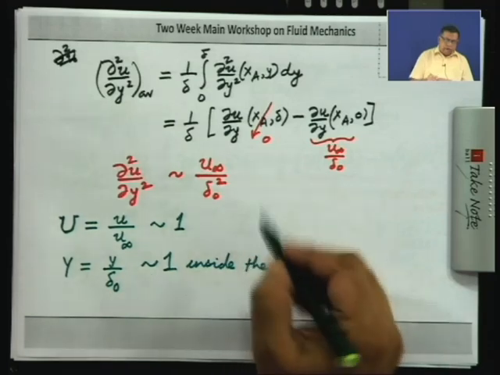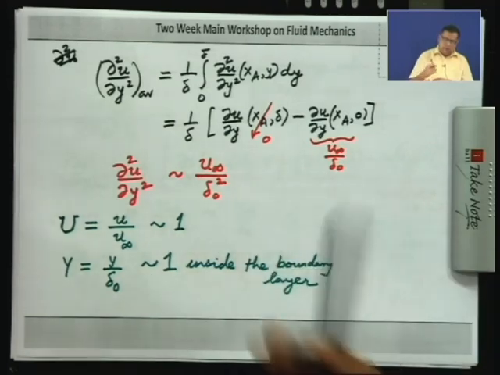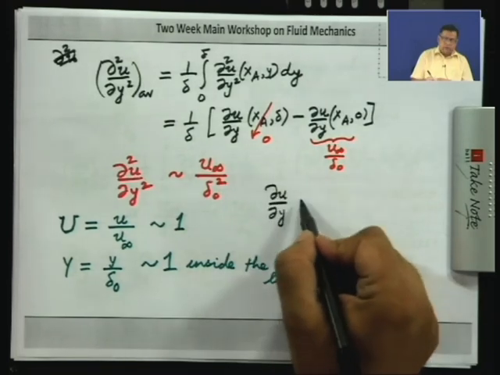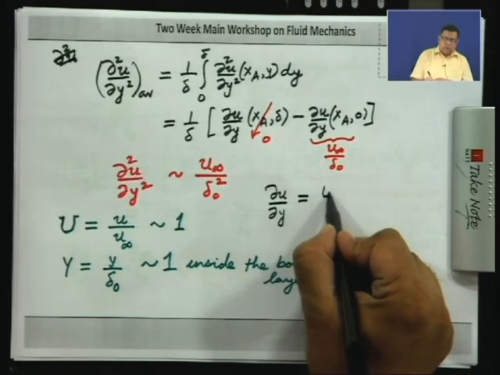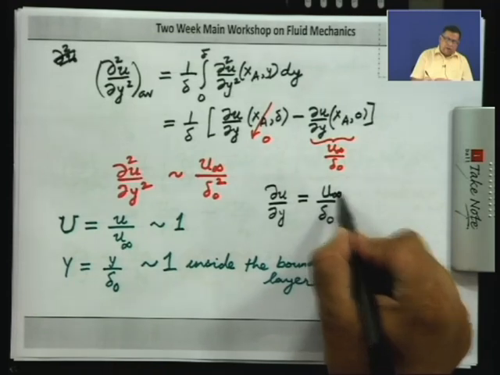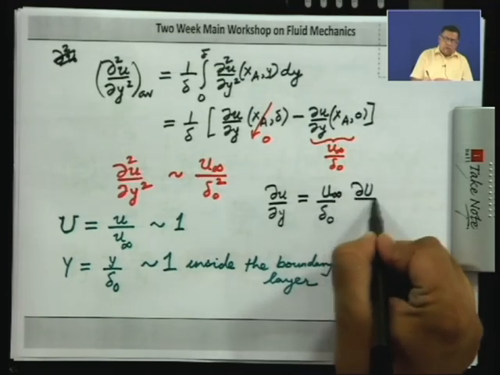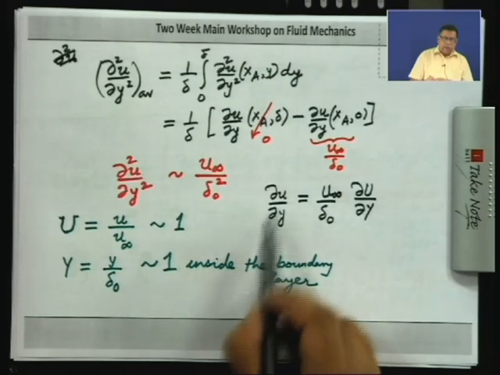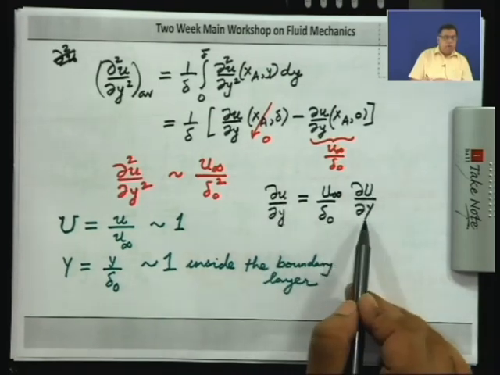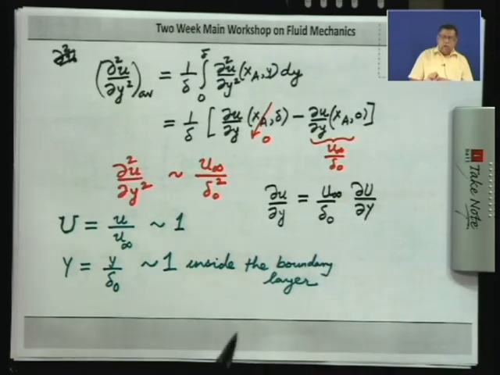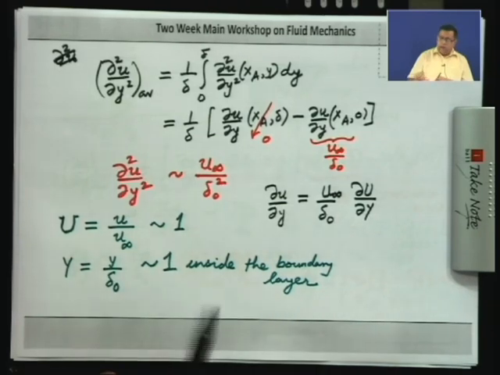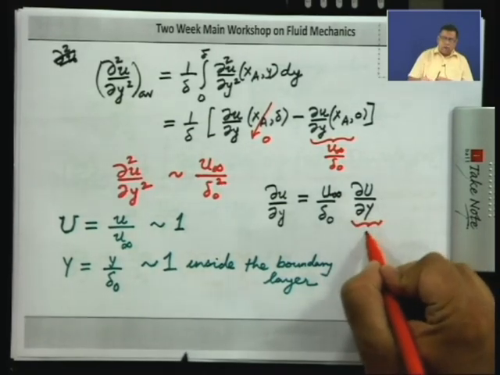Now, if you look at this quantity, say del u del y, I can write it as u infinity upon delta naught into del of capital U del capital Y. This will mean u is u infinity into capital U and this small y, the dimensional quantity, is delta naught into this capital Y. Now, we will argue that if U is order 1 and Y is order 1, then del u del y will be order 1.